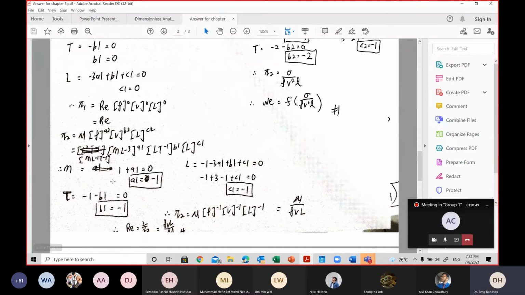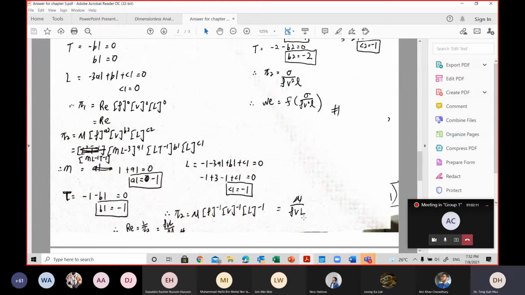Once you solve the mathematics, you know that my A1, B1, and C1 are -1, -1, -1. Put it back into your pi 2. You get pi 2 equal to mu to the power -1, -1, -1. So this is your final format.